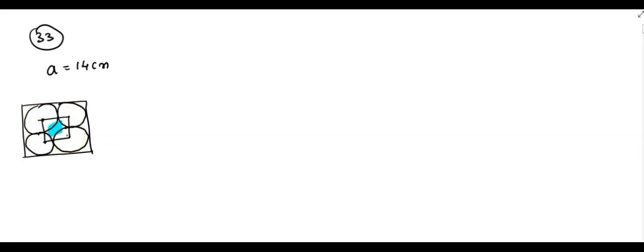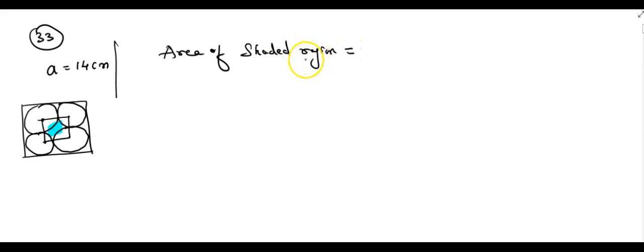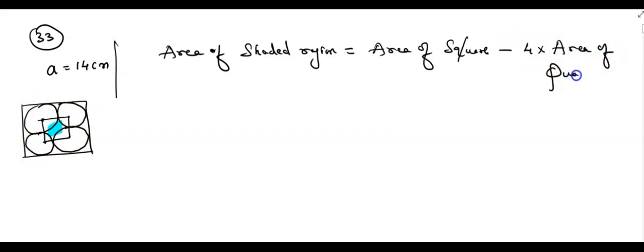Okay. Now first, which area do we have to find? That is the area of the shaded region, which is equal to, which is the area? First you take the area of this square, minus 4 times the area of a quadrant.